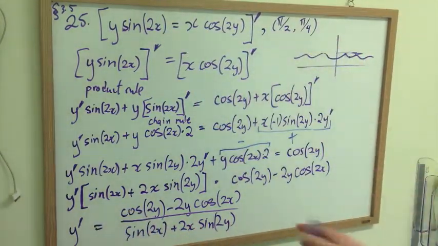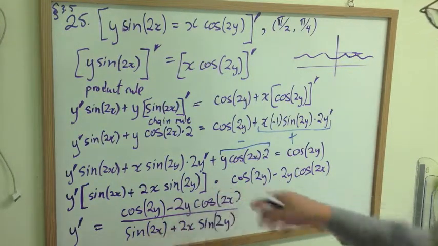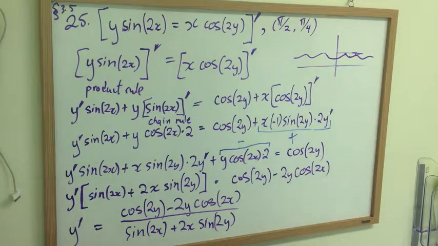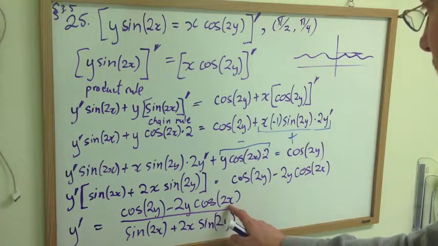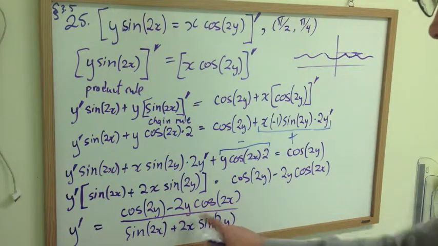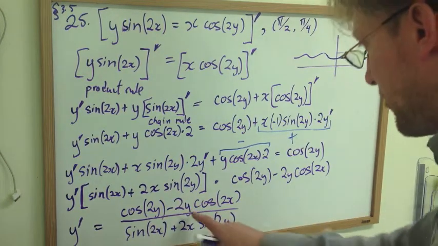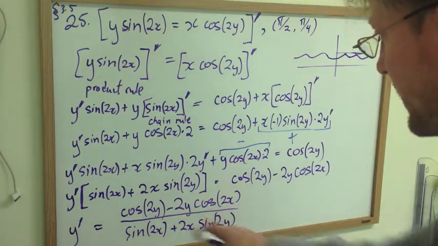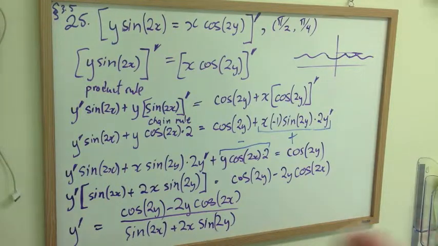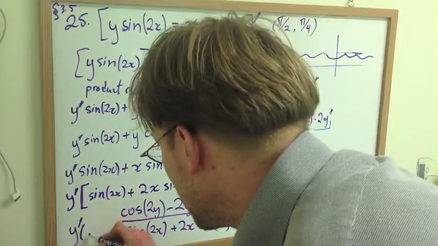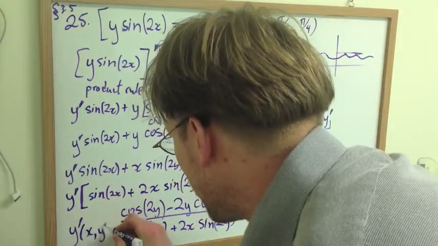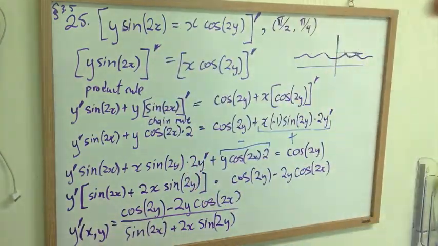They say you don't need to know y prime everywhere, even though this function, well, you need to know specific points because you can't just plug in values of x here. Because it's twisted together, you have to be able to put in values of x and y. So y prime is a function of x and y.